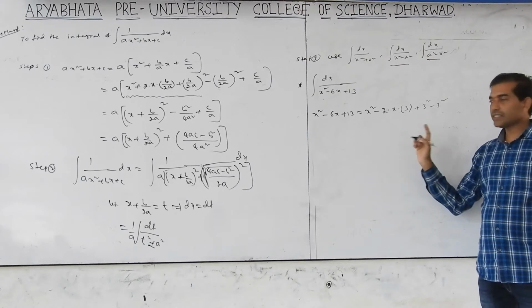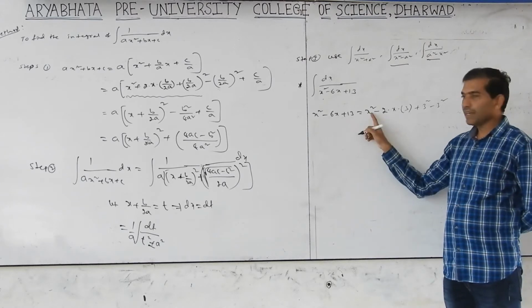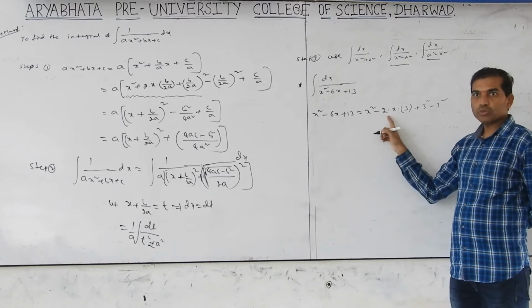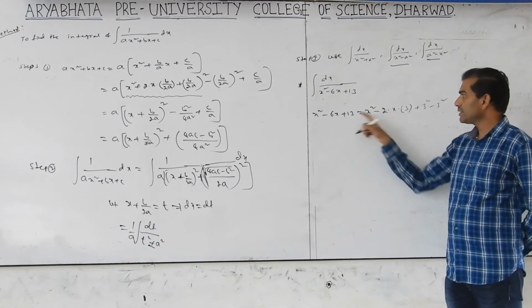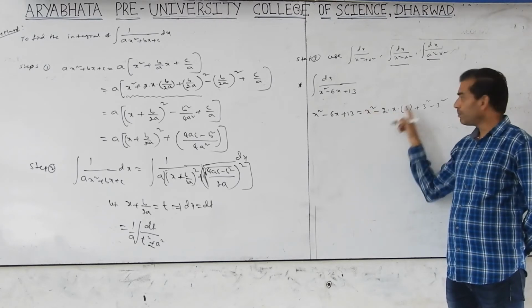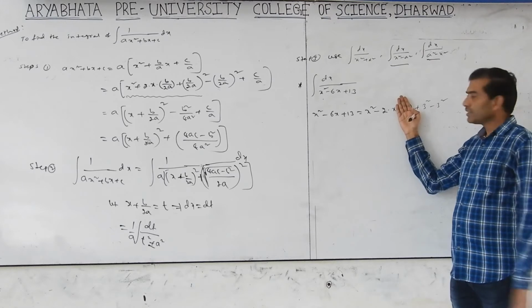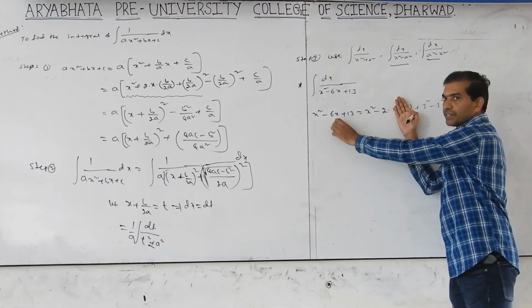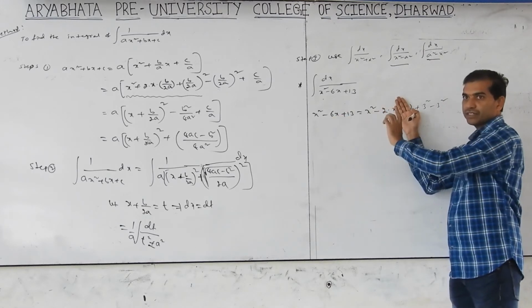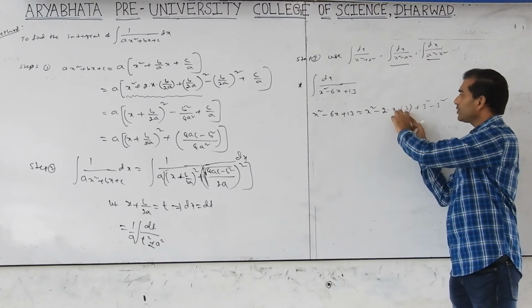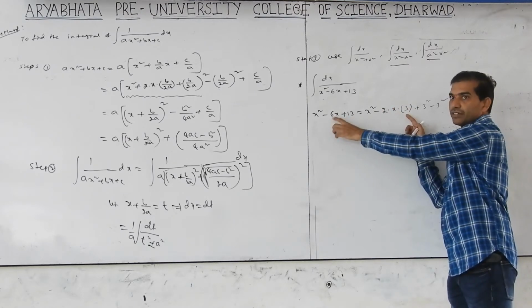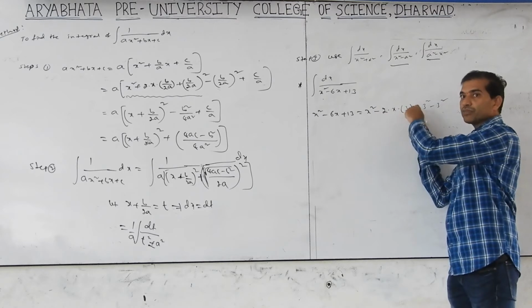Once again listen here. a square minus 2ab plus b square form. 2a is x, b we have to identify. The whole product should equal minus 6x. So by taking 3, 2 into 3 is 6x, equal or not? So this is the b, so that is b square.